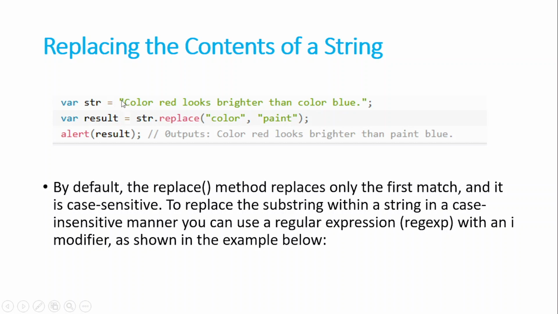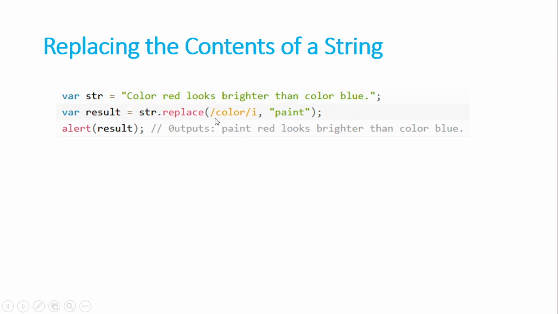But if you want to replace the words without checking the case, then you can use a regular expression like this. You can see I added a slash, then color, and then one more slash and this i. This i specifies that you don't have to check the case of the word.